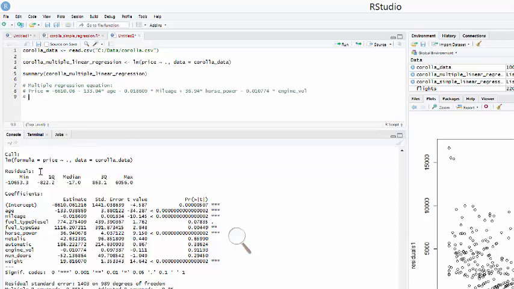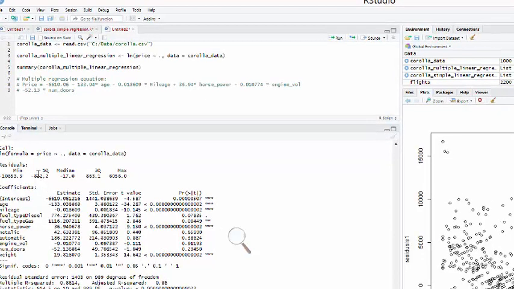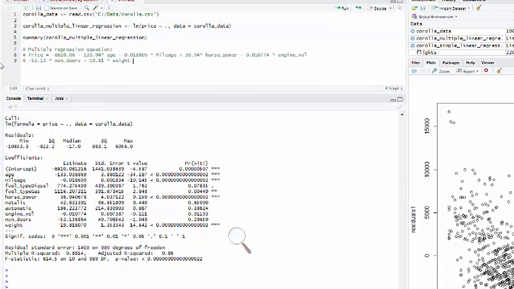Number of doors, also negative, so I'm going to keep a couple of decimals only. This times number of doors. And I have weight variable right here. Again, a couple of decimals. And that's plus times weight.